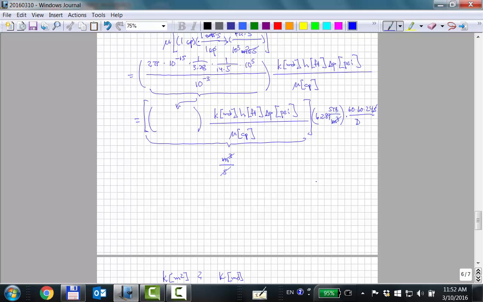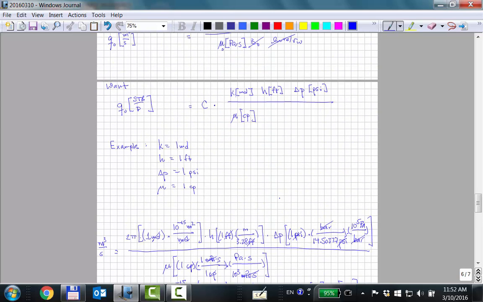Then we got to flip that upside down. Remember how I wrote the equation?